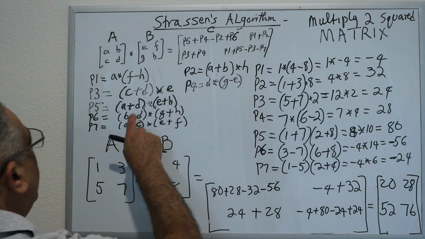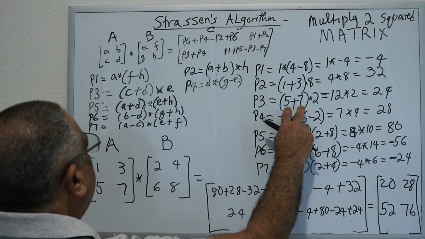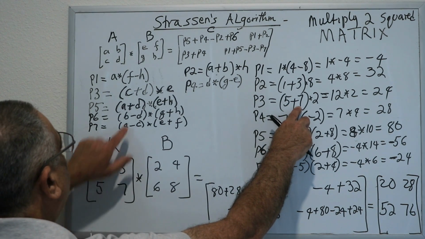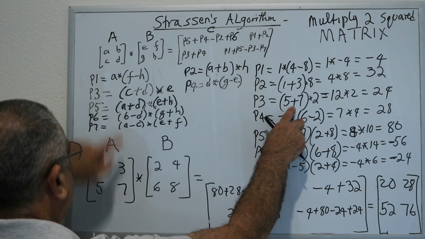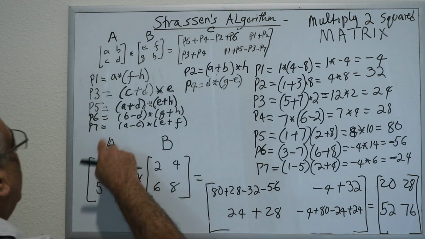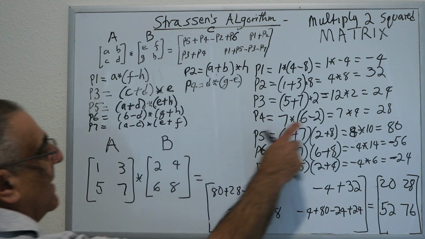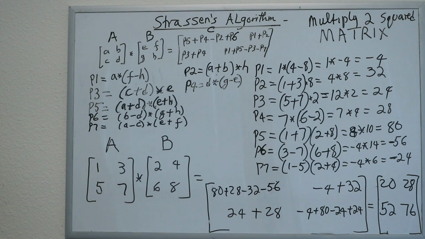P3 is actually C plus D times E. So P3 is C, in this case C is 5, plus D, in this case D is 7, times E. In this case E is 2. So that gives me 24. So we generate the rest of the values.